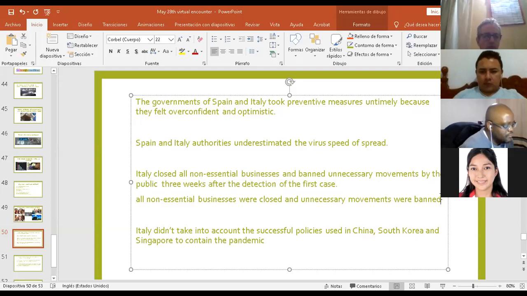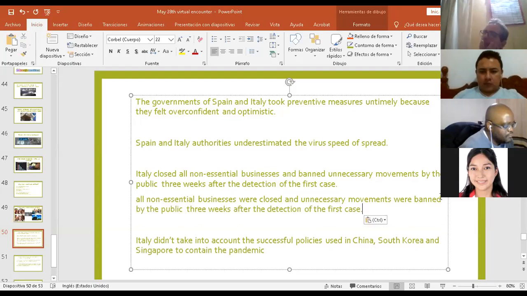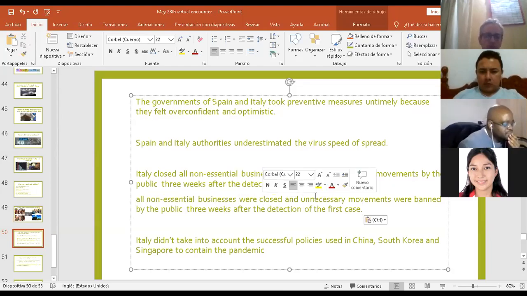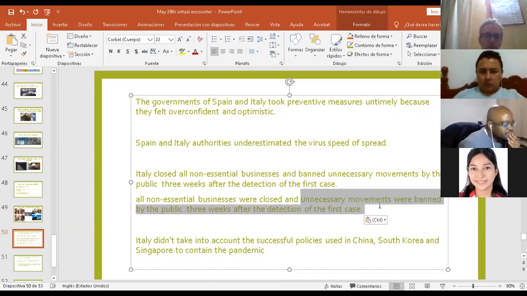Because here we have two objects, all non-necessary businesses with the verb close, and unnecessary movements, which is the other object with the verb banned, were banned.